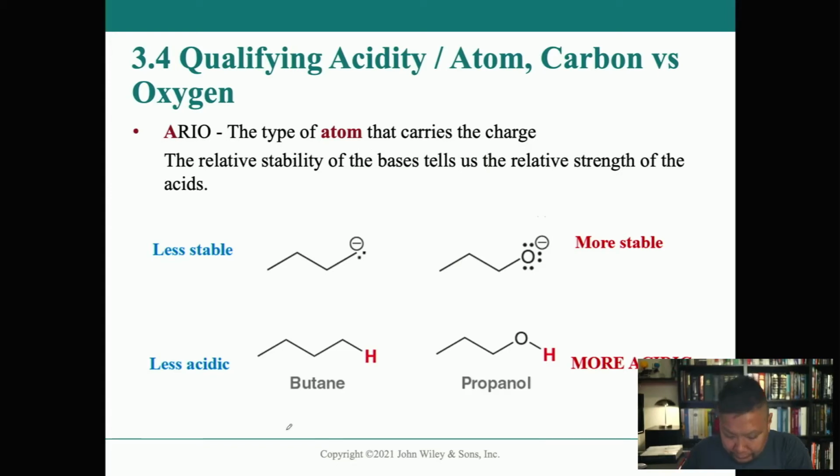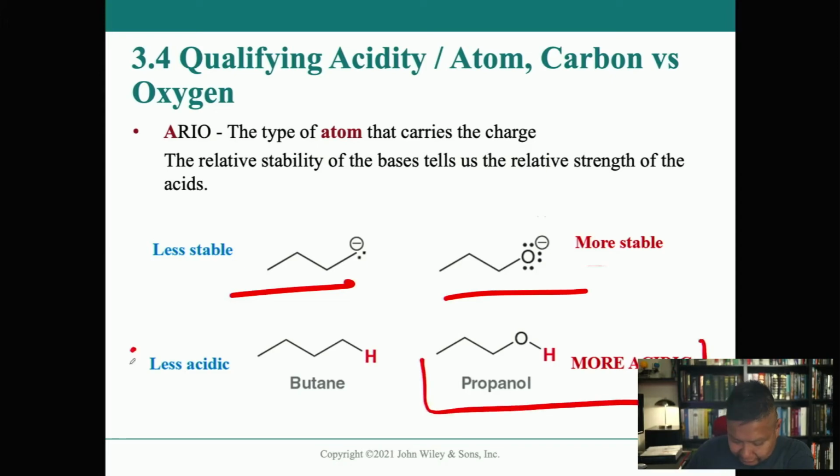Anyway, like we were just saying, that carbanion is way more unstable compared to the oxyanion from the propanol, right? So the more stable thing is there. What that means then is that the propanol is far more acidic than the butane, right? The butane is more stable if it holds on to that proton, okay?